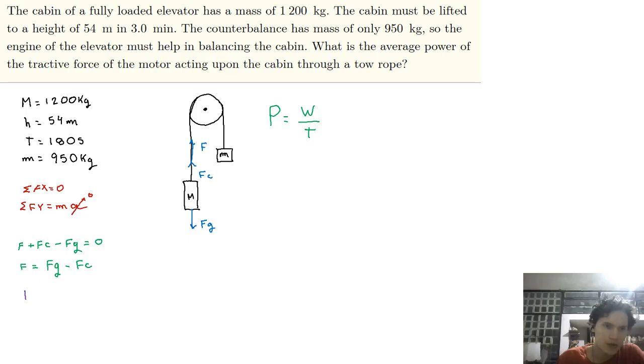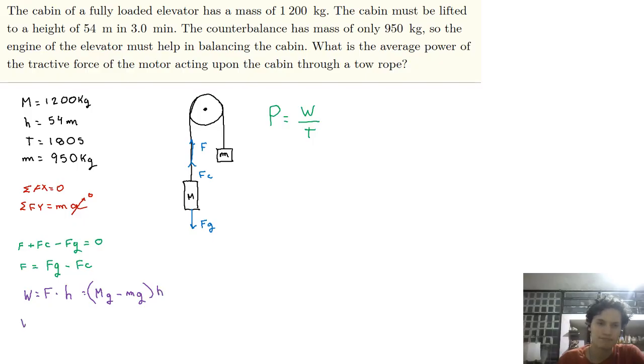We know that the work done is the force times the distance it's being moved in the direction of the force. In this case it is the height. So let's substitute the values. The force is mass times gravity minus the smaller mass times gravity, times the height.